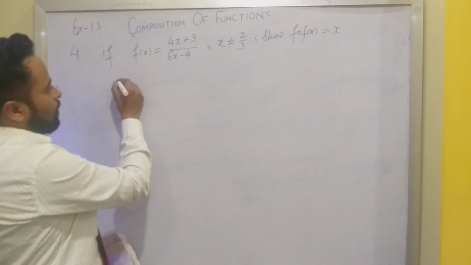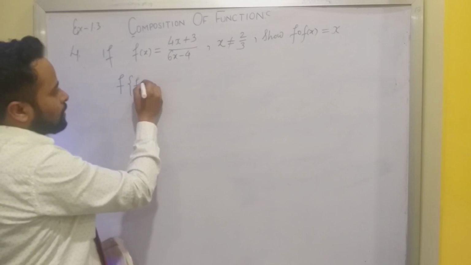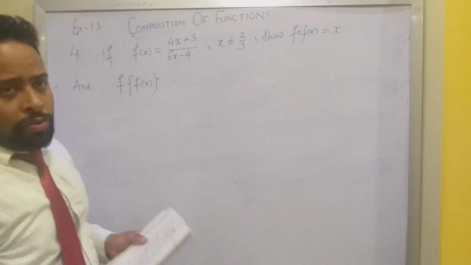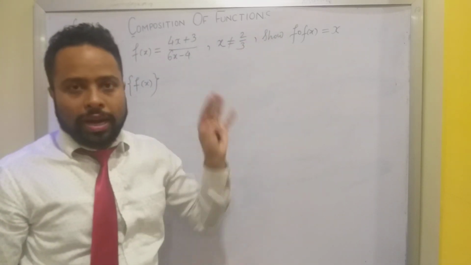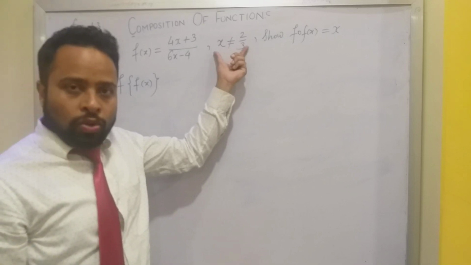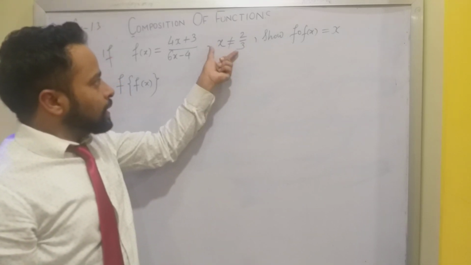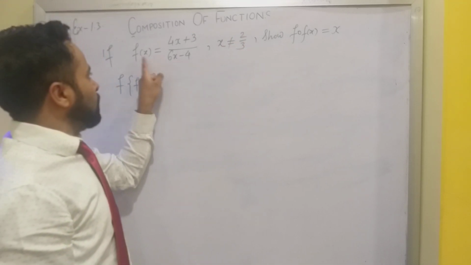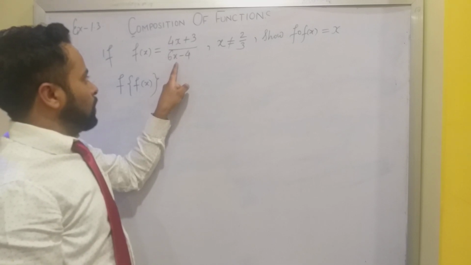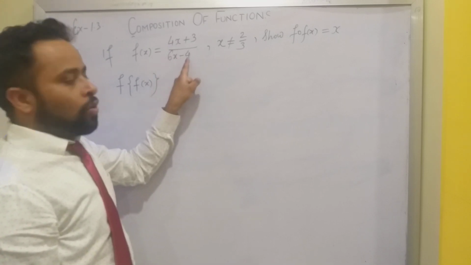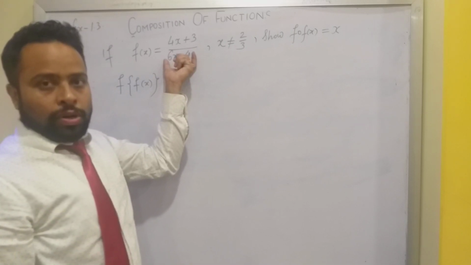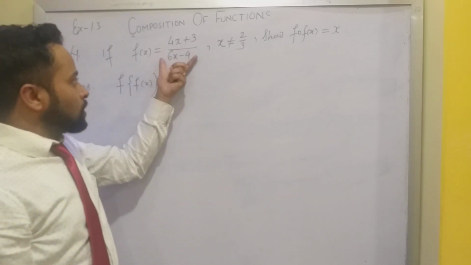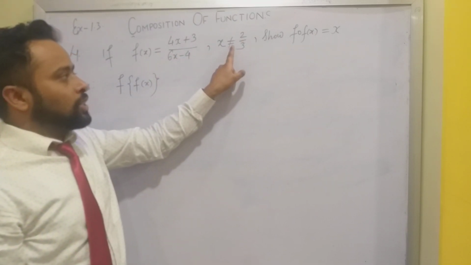To understand this question completely, you need to know why x is not equal to 2 by 3. x cannot take the value 2 by 3 because if I put 2 by 3 in the denominator of f of x, 6 times 2 by 3 is 4, 4 minus 4 is 0. The denominator becomes 0 and the function does not exist. So the function will not exist for 2 by 3.